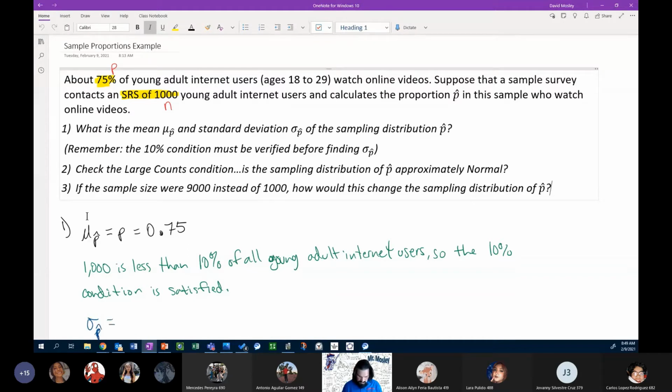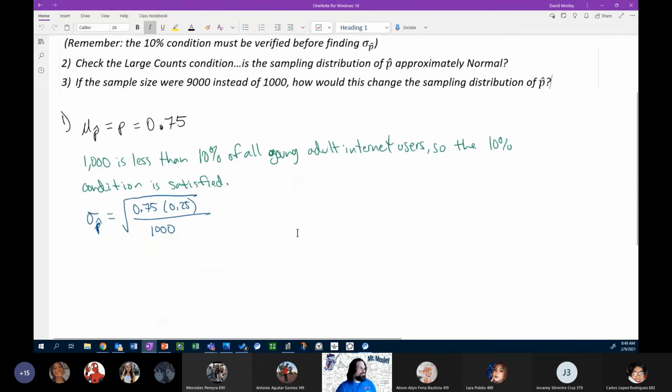The standard deviation of p hat is equal to the square root of 0.75 times 0.25 divided by 1,000, which is 0.0137.